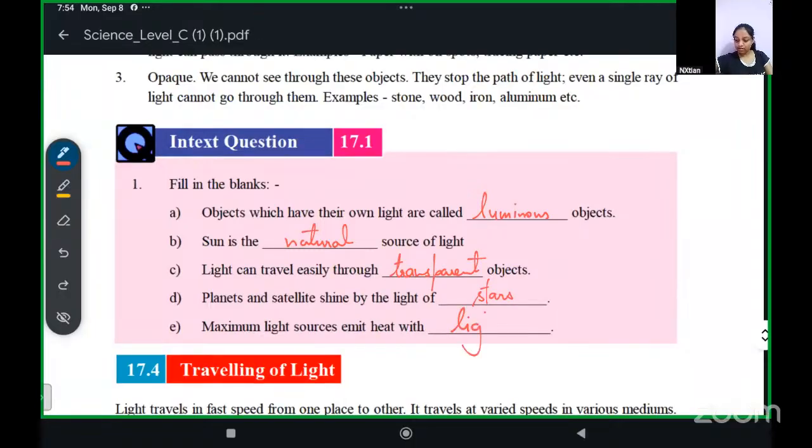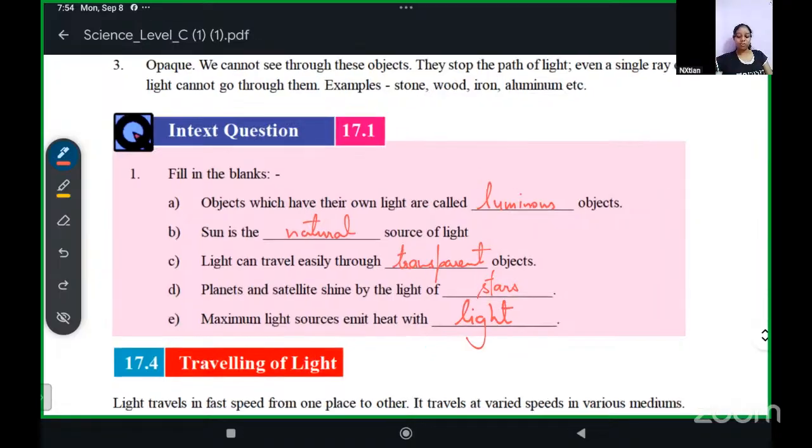They produce light as well as heat, such as the sun. The sun is giving us light also, and the sun is giving us heat also.